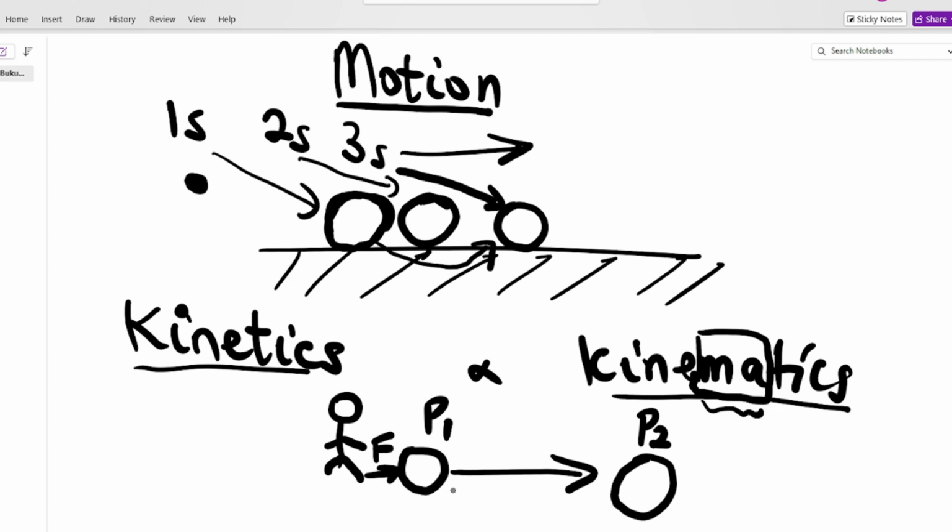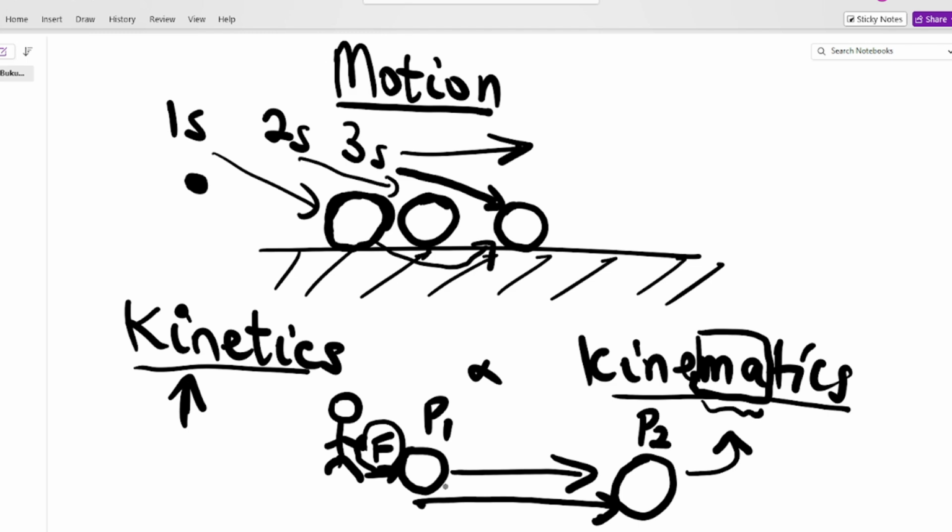If you want to study the motion of an object like the ball from position 1 to position 2, and you are considering the force that caused the motion, then you are doing kinetics. But if you are not looking at the force and you are focusing on the body alone, then the study is kinematics.